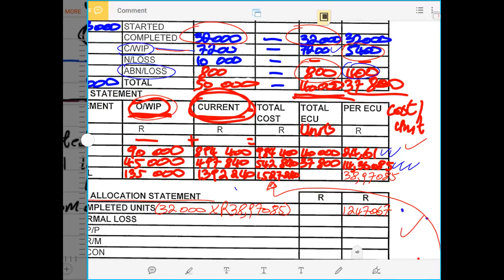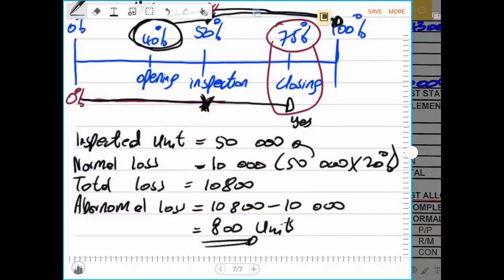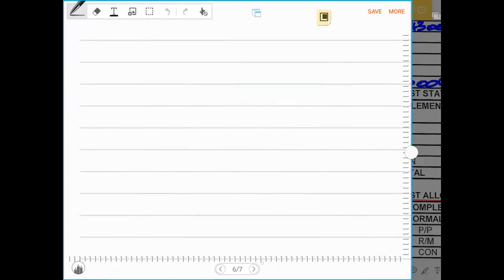And now I just want to do a ledger account where you can see what I mean, so that you can understand something.